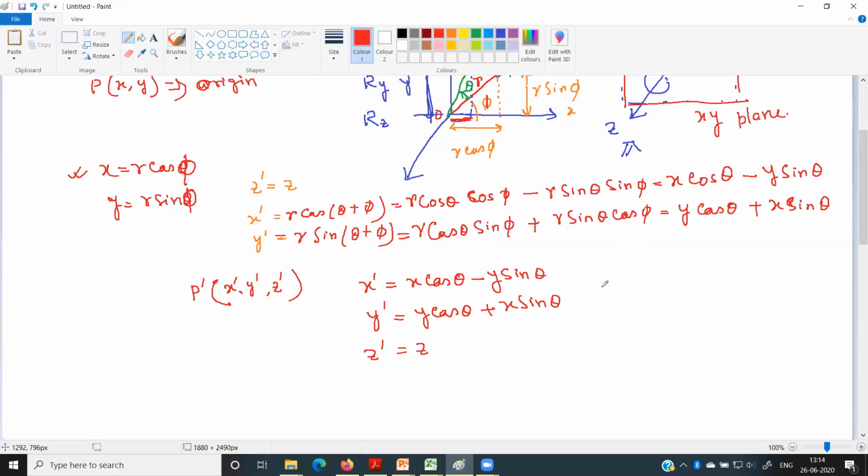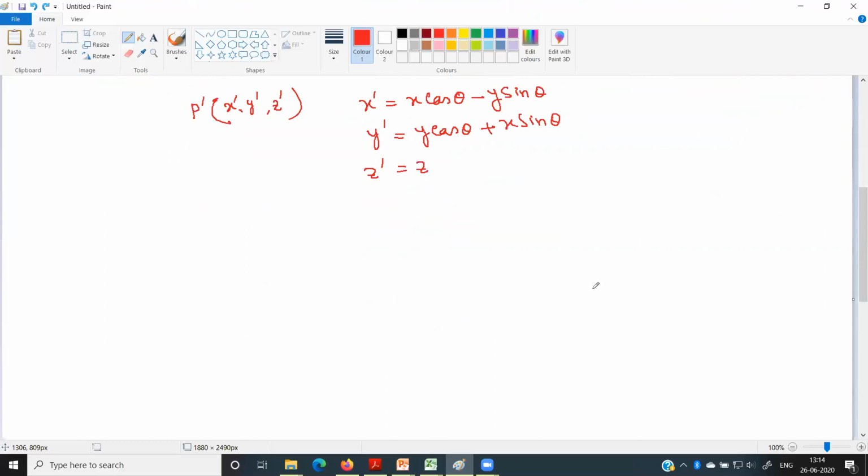So if I represent it in terms of the matrix, we can write the rotation matrix R along z direction, because we are observing the rotation along z. So Rz equals, the first row is x, second row is y, third one is z. The z portion will remain the same.